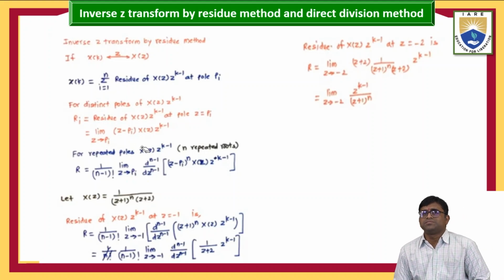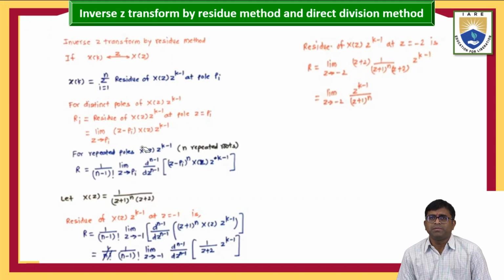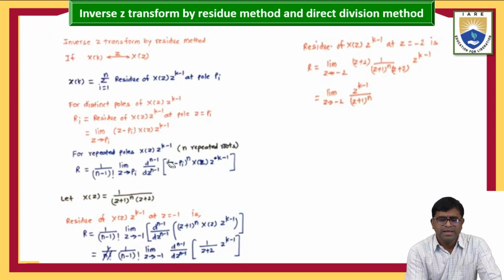If the poles are repeated, that is multiple poles, here I am taking n times repeated poles.